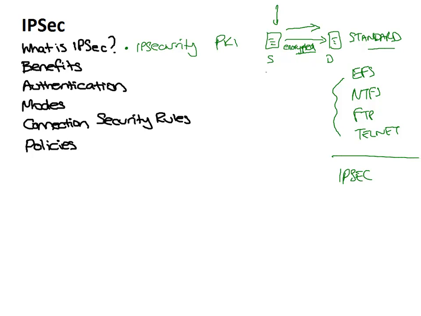So a computer using IPSec is first going to encrypt the data. It's going to send it over the network, and that data is going to remain encrypted until it reaches its final destination. That means even when this IPSec packet crosses routers, the data is going to remain encrypted, as routers will only inspect the header information and not the payload or the data. And that's why we like IPSec, because it makes it so secure from an end-to-end perspective.